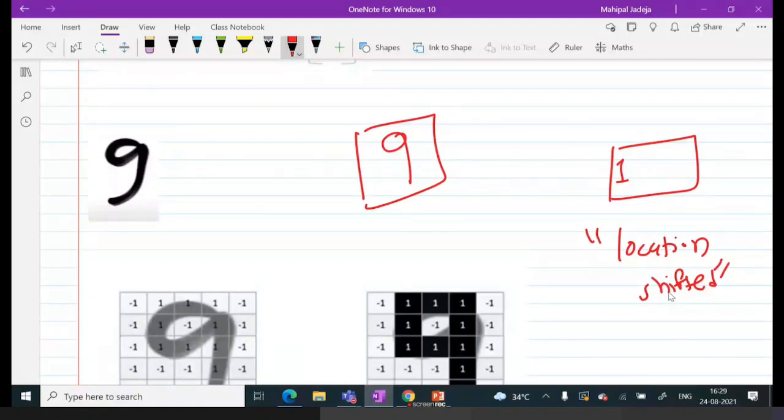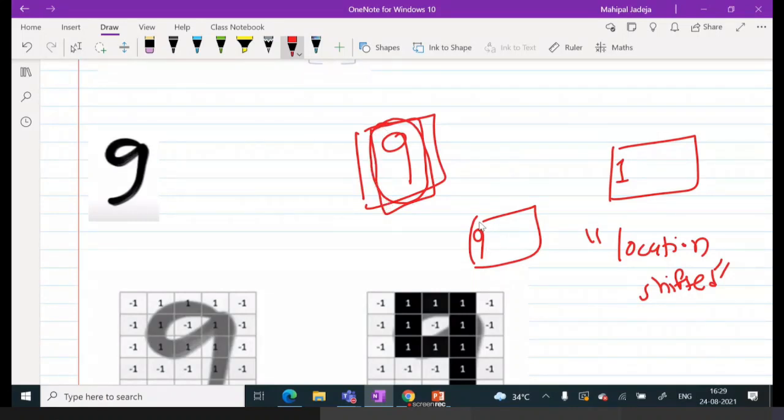It may be possible that the system predicts 9 correctly if 9 comes in the center. But if you provide 9 here, then your system may give you the wrong result. Why? Because the system is used to giving more importance to the neurons corresponding to the pixels present in the center of the image.